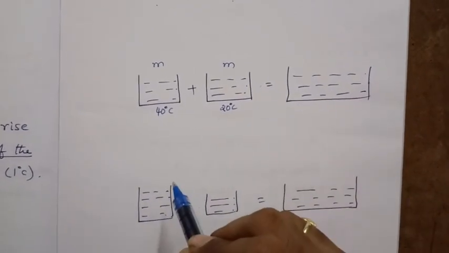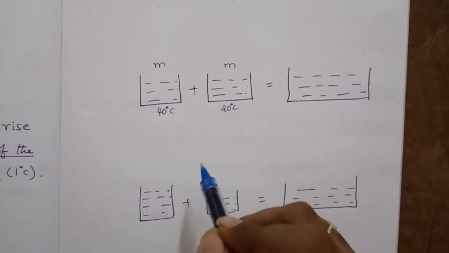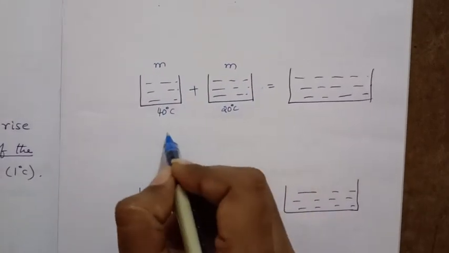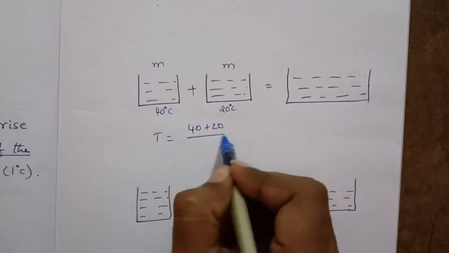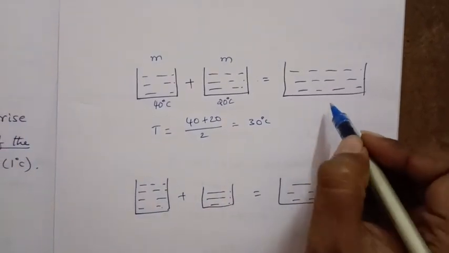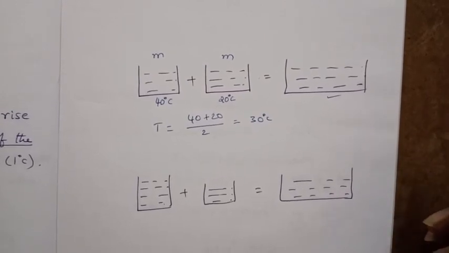What will be the resultant temperature? Since both have the same masses, simply we can say 40 plus 20 divided by 2, that is equal to 30 degrees. We can say directly, the average.